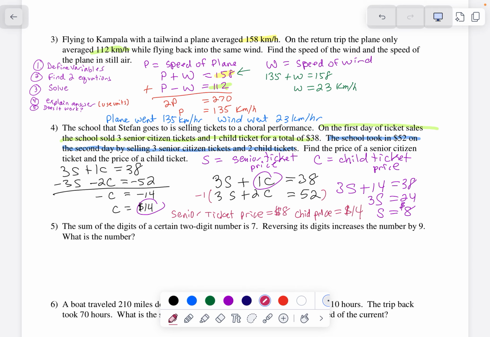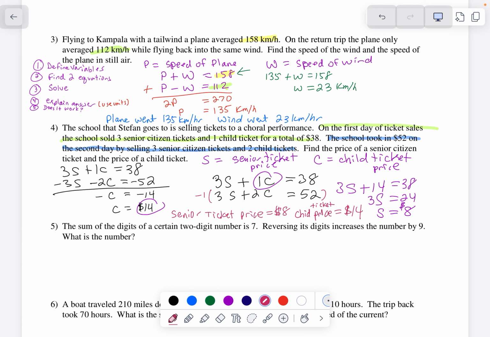Sorry, I ran out of room to write the word ticket. Let's put ticket right here. Okay. So you just have to try to interpret that a step at a time, a sentence at a time.